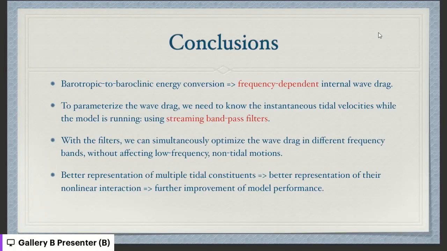By doing so, we can correctly represent tides in different frequency bands. And then this allows us to better represent their interaction. Eventually, it will improve the overall performance of all tidal constituents.